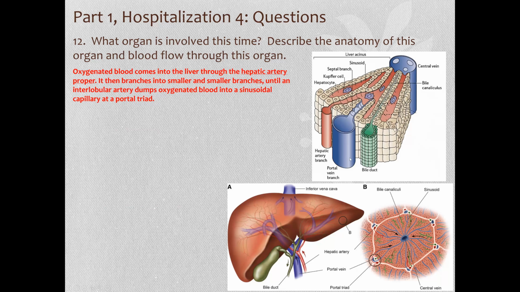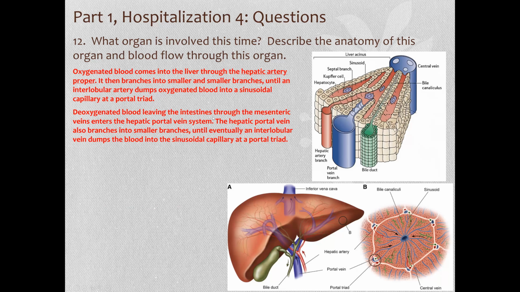Up here at the top, we're looking at one portal triad where we have a branch of the hepatic artery, a branch of the hepatic portal vein, and a branch of the bile duct. We see the central vein here in the middle. Oxygenated blood is coming in through the hepatic artery branch and is then joining up with the sinusoidal capillary, and you can see all of this in this bottom picture as well. The bottom picture shows you that blood flow is going from the outside inward to the central vein, whereas bile flow is going in the opposite direction.